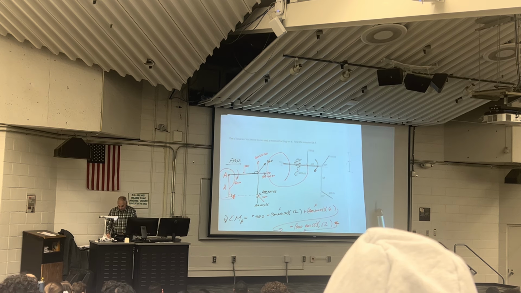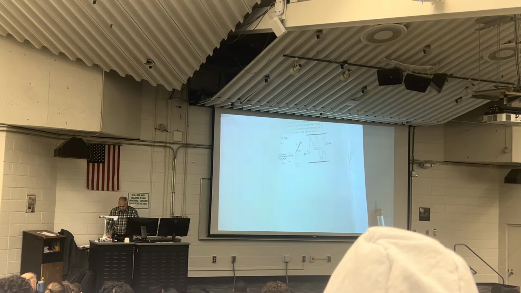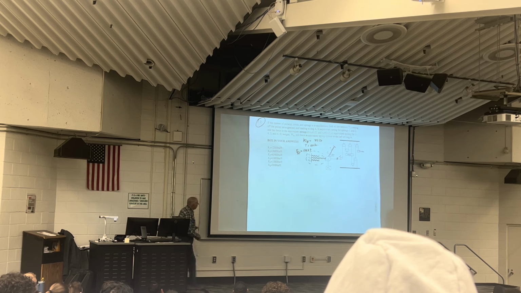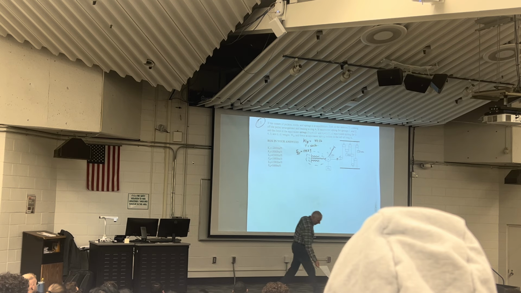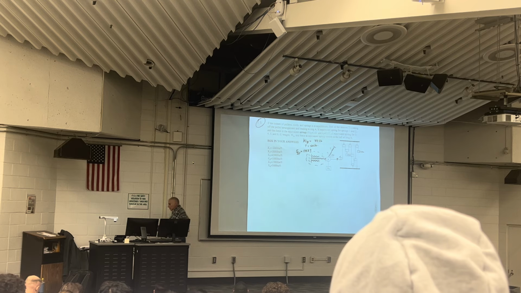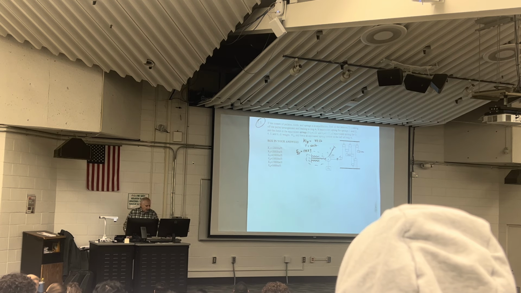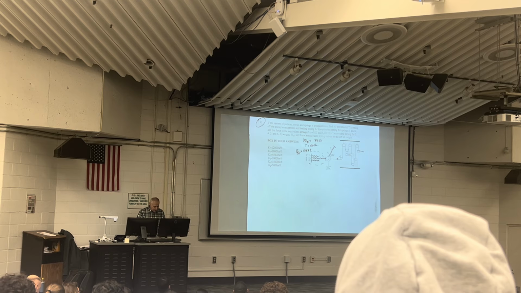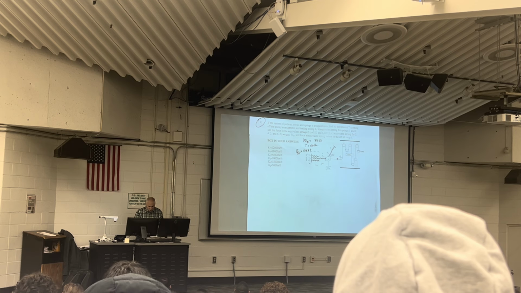Let's move on. I told you we would do this problem, which is an old test question. Hopefully you tried it, because I gave you the answers. If you didn't, that's on you. But I'm going to look at this and say, let's do this because it's a test type question.